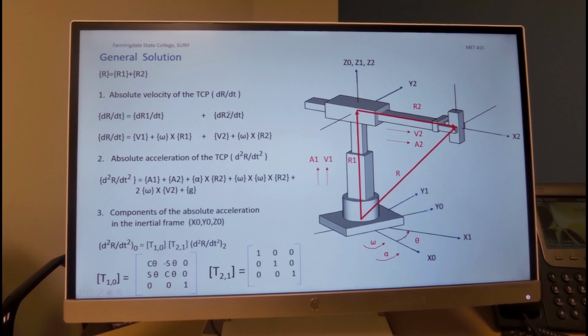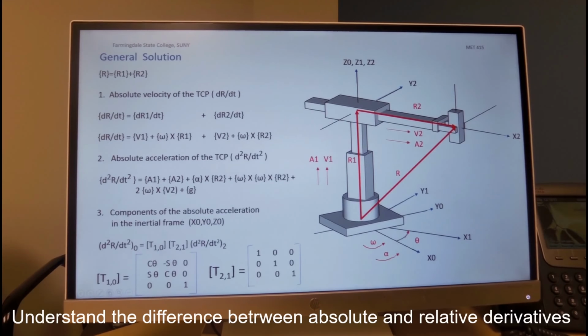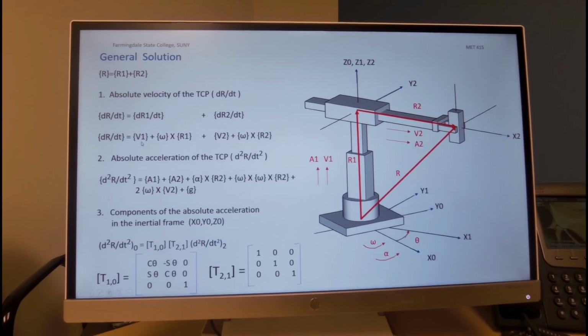In this equation, the absolute velocity of r1 is given to us as the relative velocity of r1 in its own coordinate system 1, plus omega, which is the relative angular velocity of coordinate system 1 with respect to coordinate system 0, cross r1. But r1 is pointing in the z1 direction, and omega is also pointing in the z1 direction. Therefore, the cross product of two vectors which point in the same direction is 0, so this term will cancel.